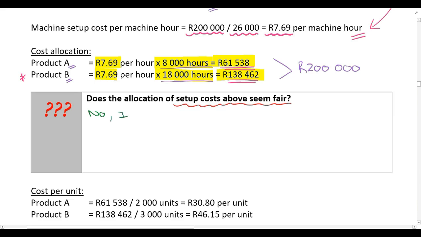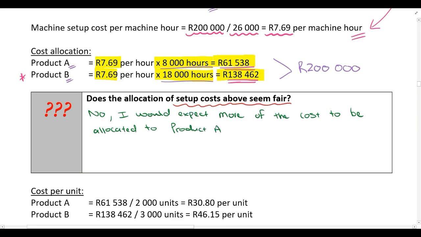I would expect more of the cost to be allocated to product A, as it is responsible for more of the cost.